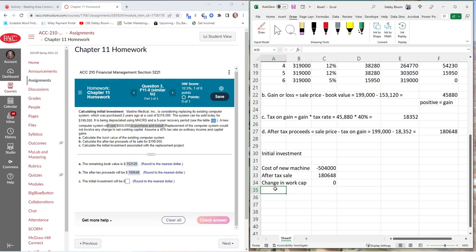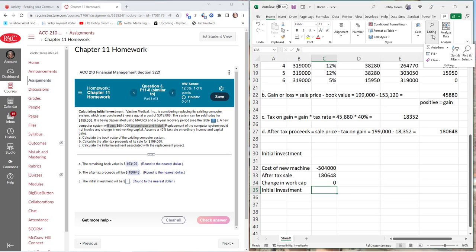So the net of the three numbers is going to be the initial investment. And it's going to wind up being a negative number because it's going to be monies that we're going to have to pay. So notice we come down to negative 323,352.